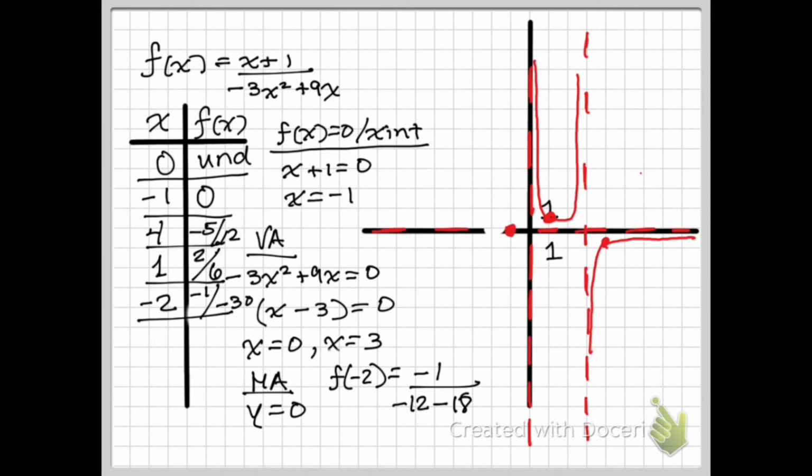Let me reconnect this. Okay, so I need to be above the x-axis over here and approaching the asymptote. So that's kind of difficult to draw, but anybody who is looking at this could look in my table here and go, oh, he's got -2 and -1 over -30 is positive.